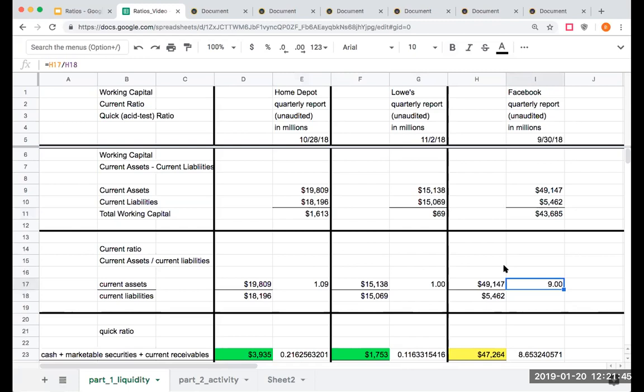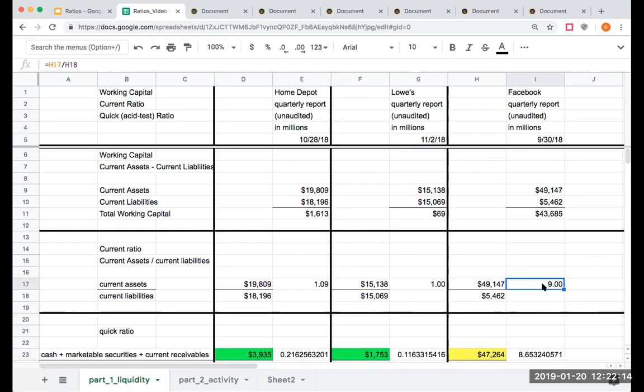What does that mean? I want this number generally to be higher, because the higher the number is, the more ability I have to pay my current liabilities if I'm just looking at this ratio in isolation. So with Facebook, they clearly have the best ratio because their current assets are about 49 billion and their current liabilities are 5.4 billion.